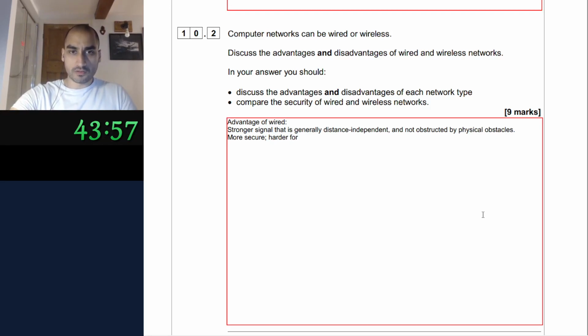Harder for an attacker to spoof the router or whatever and pretend to be a legitimate user.